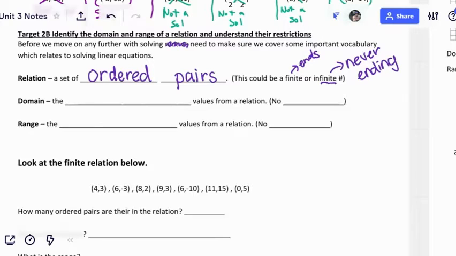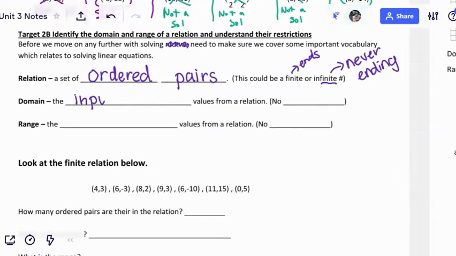The domain are the input, or the x values from a relation. And the range are the output, or the y values from a relation.